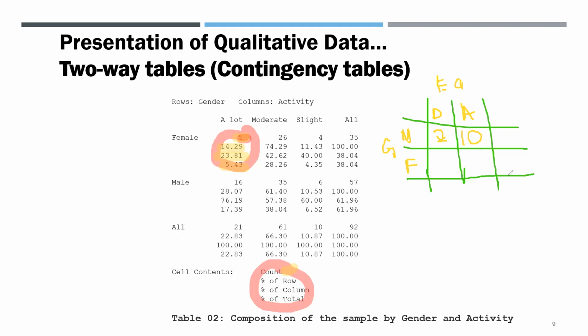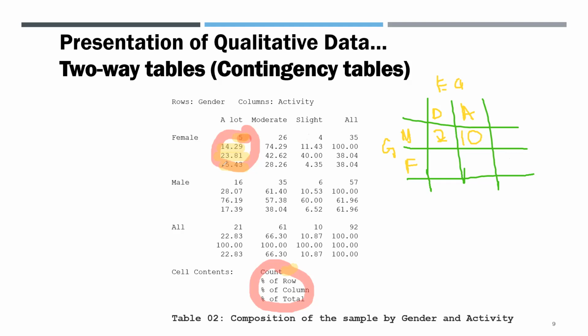And if you want, you can add the percentages as well, like in the one way table, the frequency tables, where along with the frequencies we included the percentages into our table. So the same thing can be done here. You can add the percentages if you want.